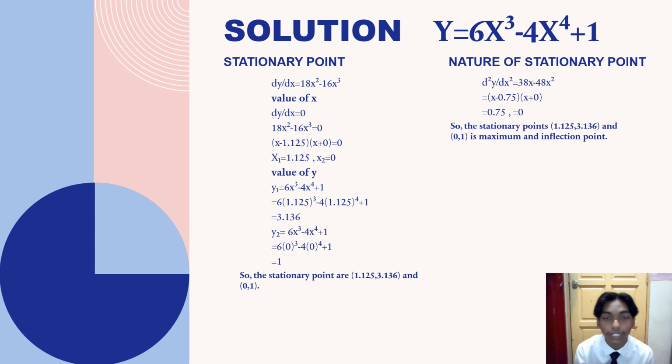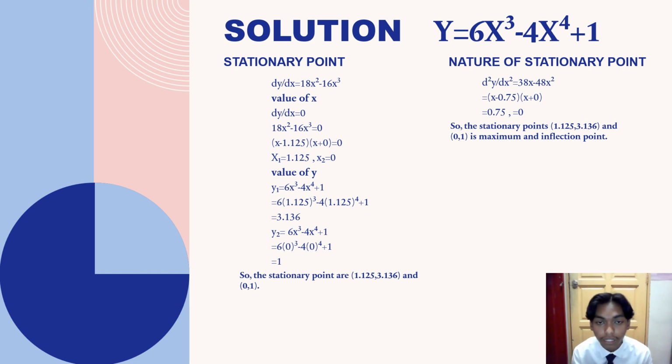So, the second step, we have to find the value of x and also the value of y. For the value of x, we take the answer from dy/dx and use the factorization method. For the factorization method, we can do it on a calculator. Just pick your calculator, press mode and find EQN.